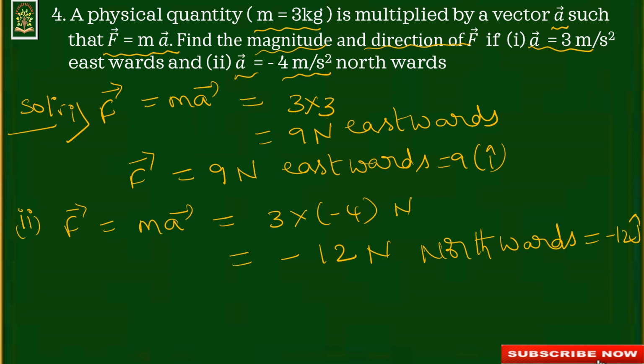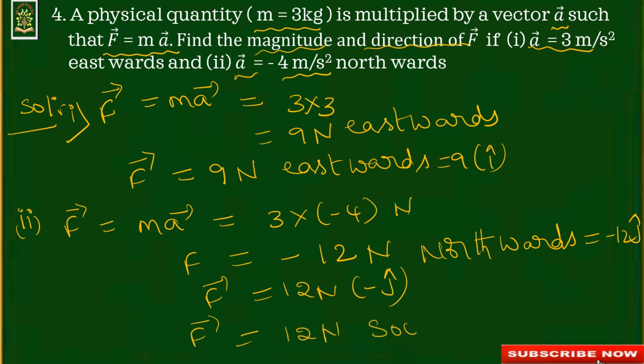So F bar is equal to minus 12 newtons j cap. So finally we write F bar is equal to 12 newtons southwards.